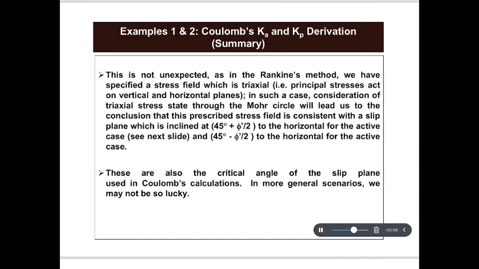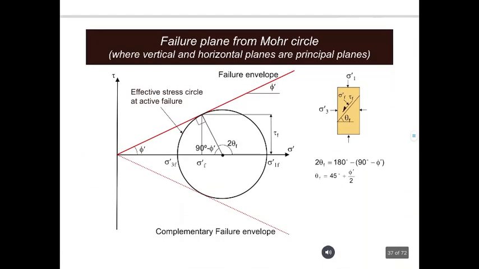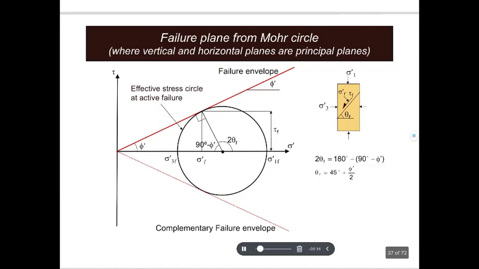This is not unexpected because the Rankine method uses the stress field, which is a triaxial stress field, where theta f is calculated to be 45 degrees plus phi prime over 2, which is similar to the Coulomb method for the active state.